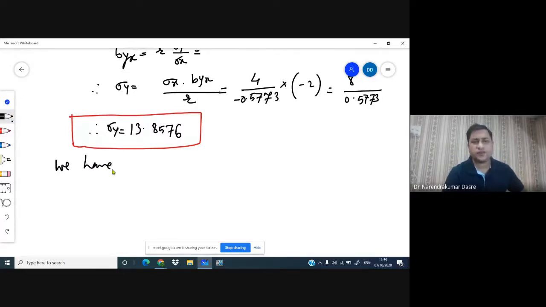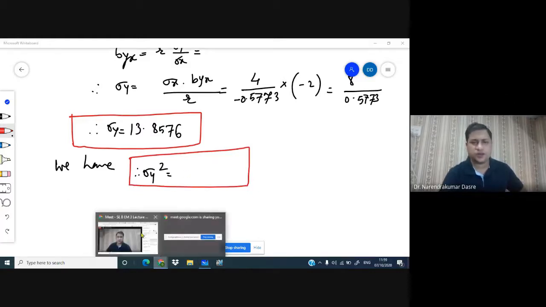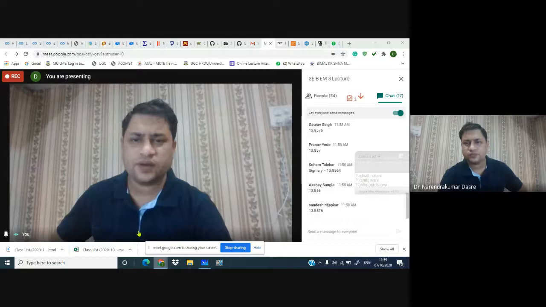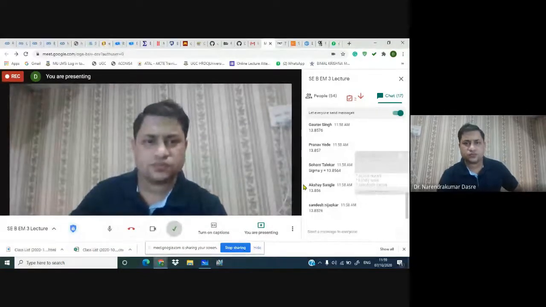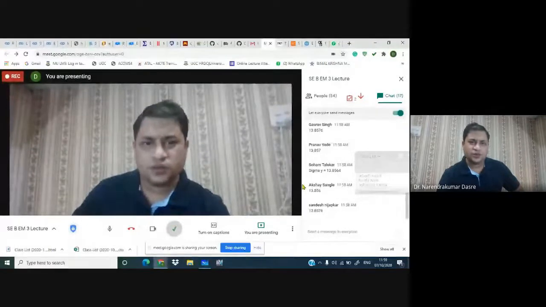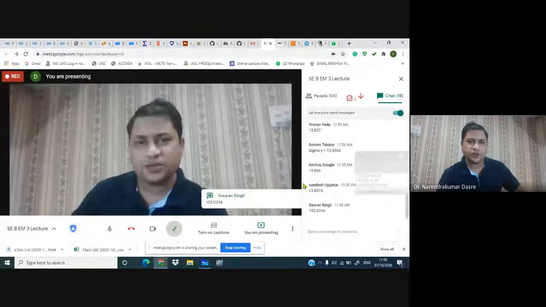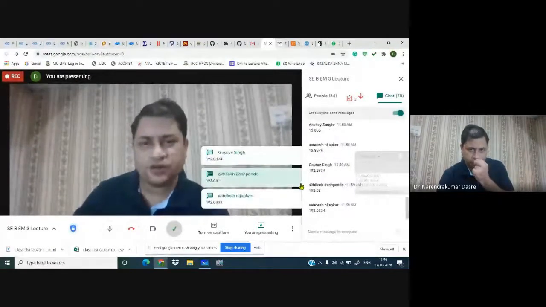And hence we are interested in variance. So sigma y square is equal to, what is the value of sigma y square you are getting? You got 192.0334.